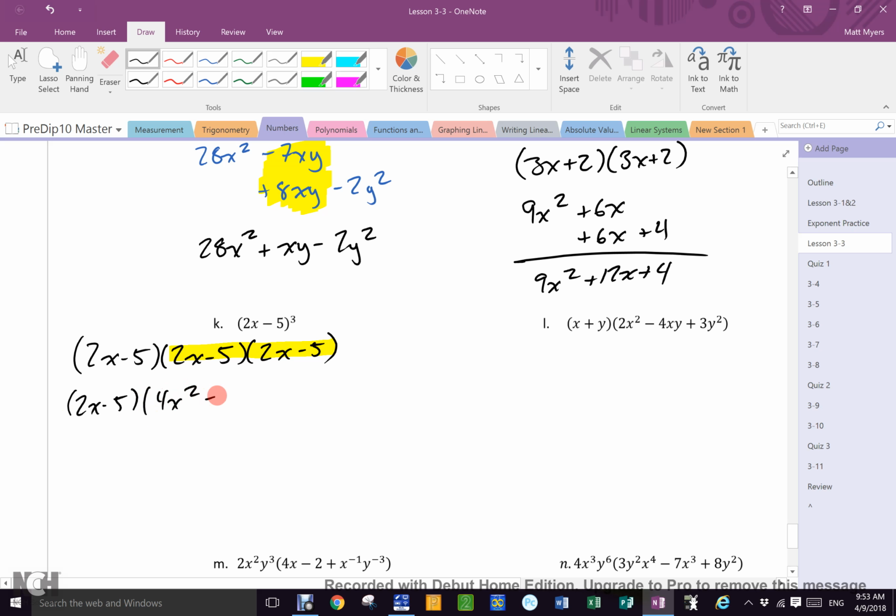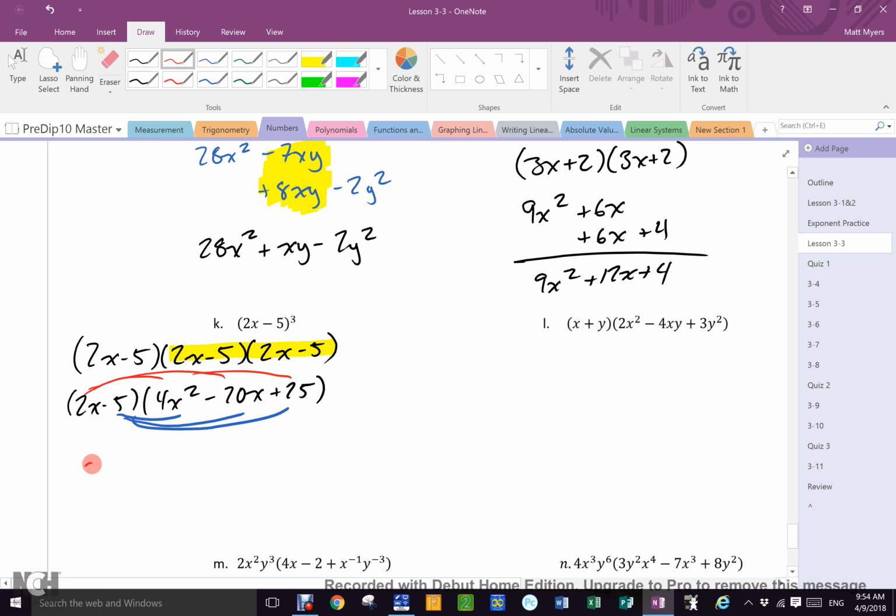4x squared minus 20x plus 25. And then, this is the same as FOIL, except it's not first, outside, inside, last. It's first, all the way through, and then second, all the way through, because you're getting the inside and the outside.